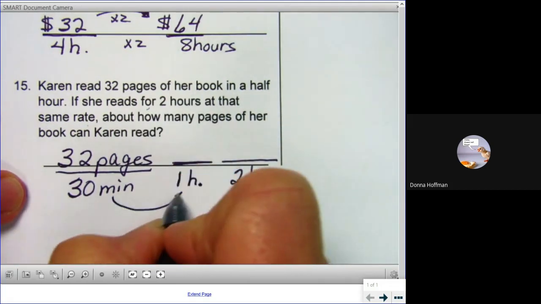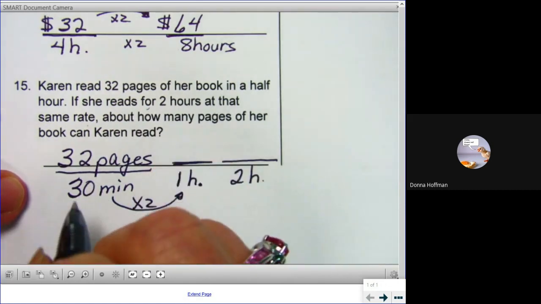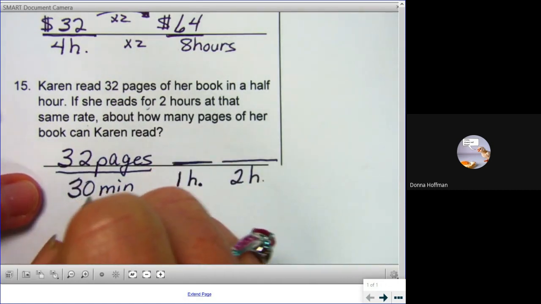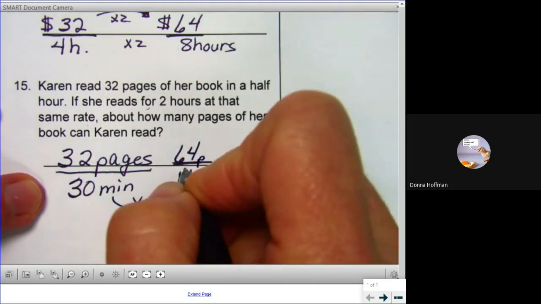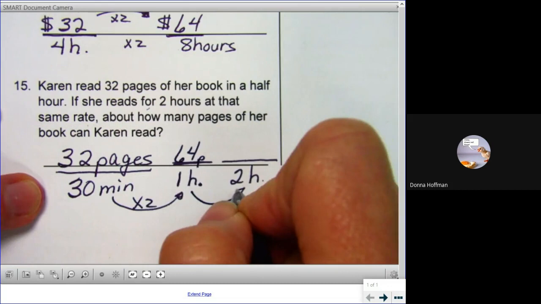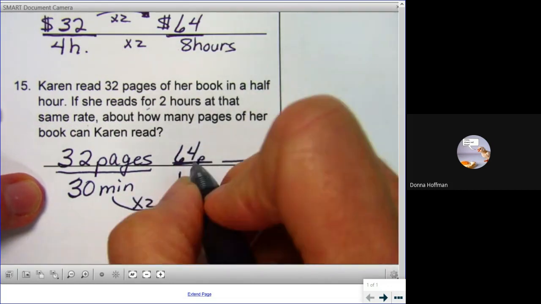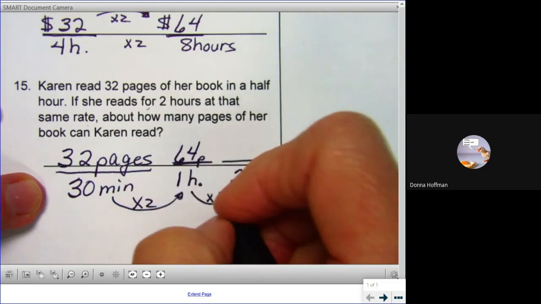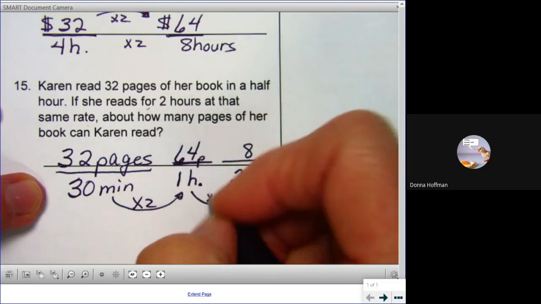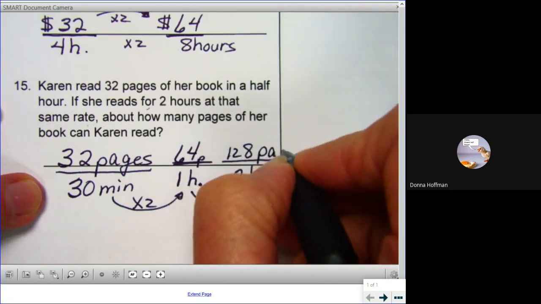So this would be times 2. If she can read 32 pages in half an hour, that means she's going to be able to read 64 pages in an hour. And then I'm going to take it to what they want. It's just 2 hours. Multiply that by 2. So what I do to the bottom, I have to do to the top. So 4 times 2 is 8, and then 6 times 2 is 12. She's going to read 128 pages in 2 hours.